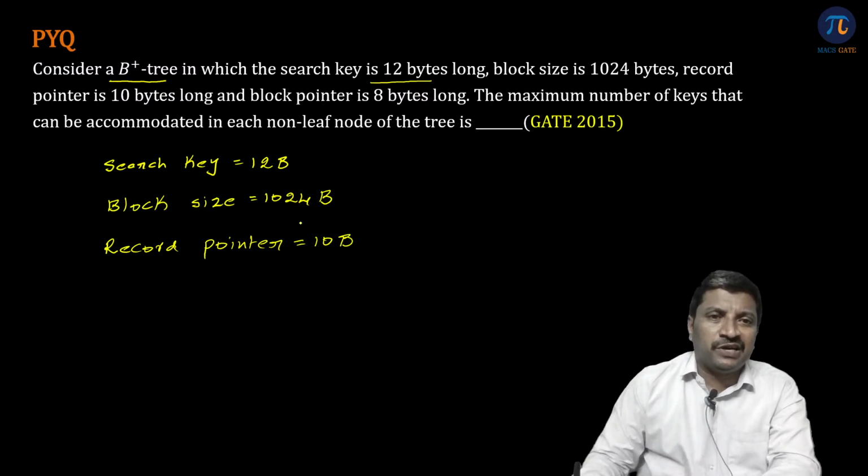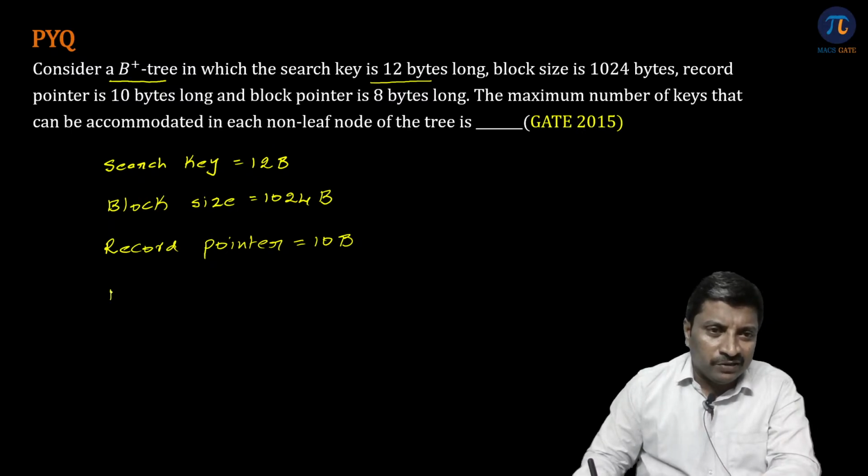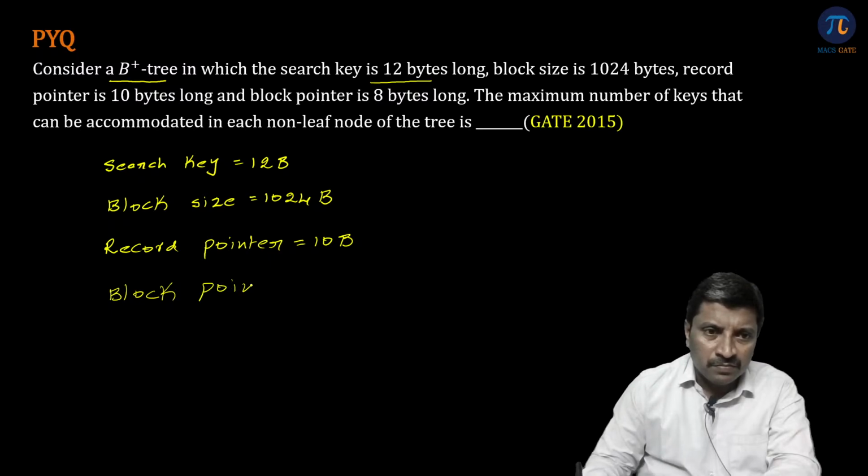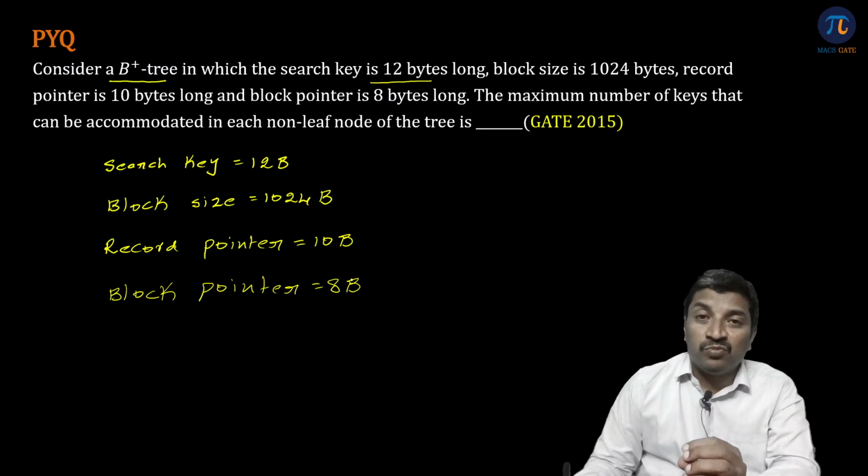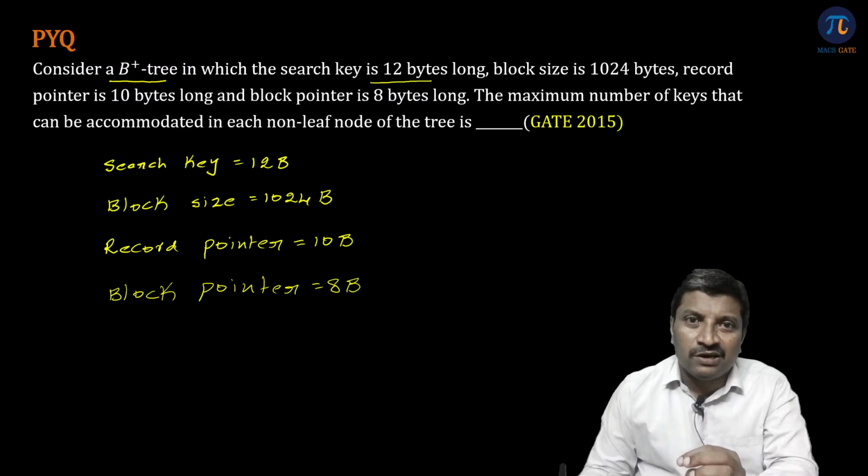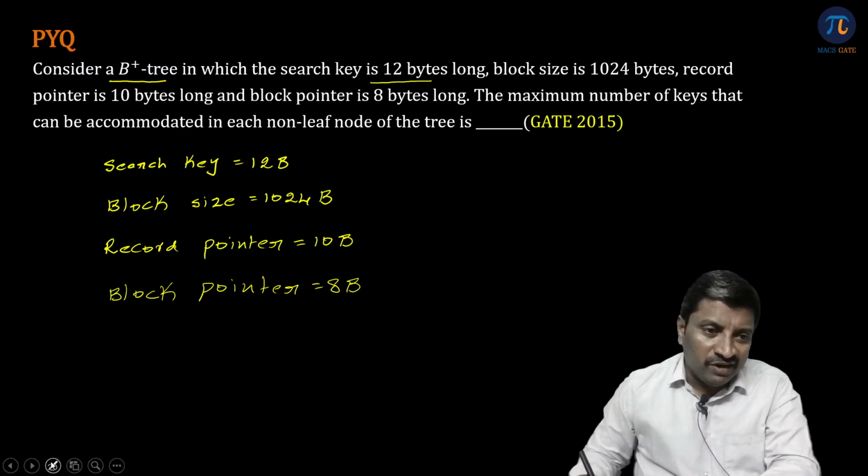Record pointer is 10 bytes. And block pointer is 8 bytes. Sir, the most important task or the tough task is whenever they given block pointer and record pointer, first I need to identify the terminology, what they are following, right?